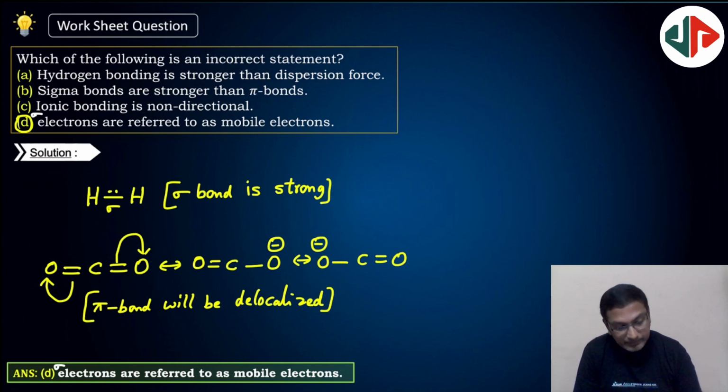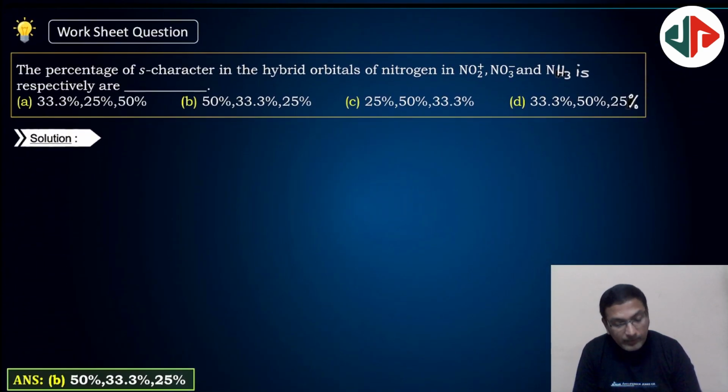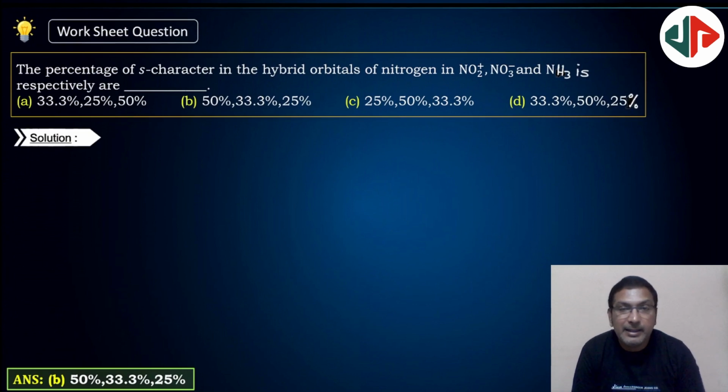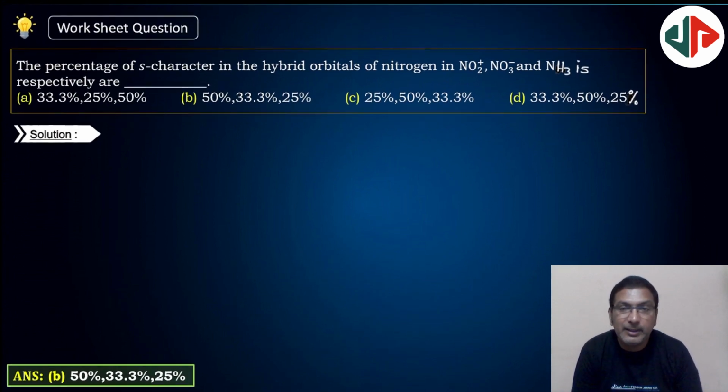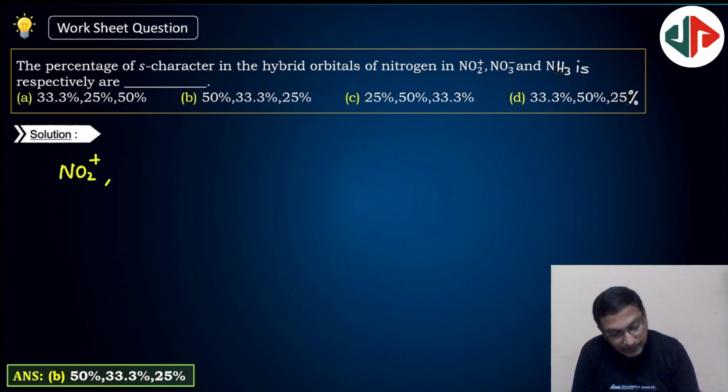Next. The percentage of s character in hybrid orbitals of nitrogen in NO2+, NO3-, NH3. First take NO2+.